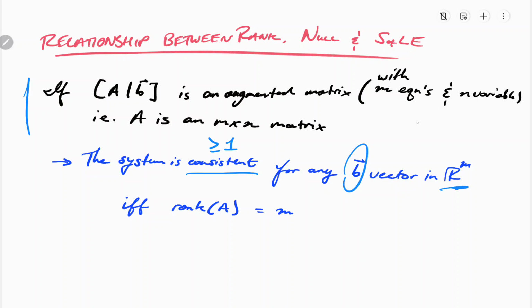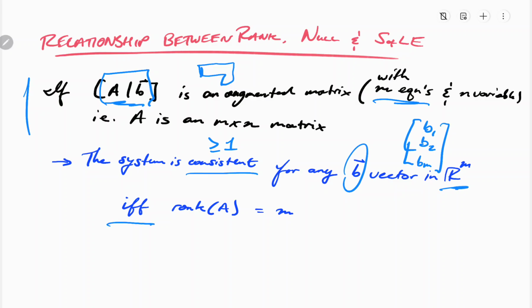That will be a vector that has the same number of entries in it as the number of equations. Well, obviously, because this is a rectangular matrix. But this is only true if and only if the rank of the coefficient matrix A is equal to the number of equations.